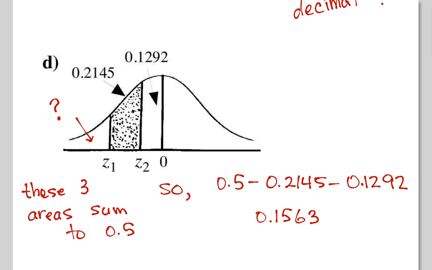Okay, so 0.1563 is this section in here. Do you agree? So 0.1563 will give you Z1 because it's the area to the left of Z1. So you can just find 0.1563 and it's not there.